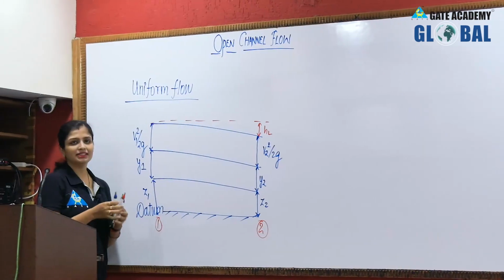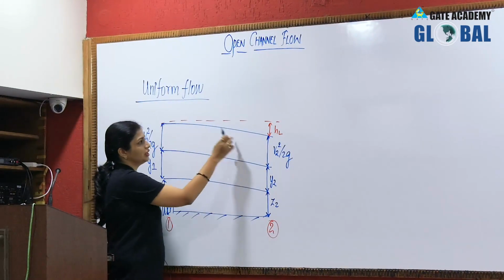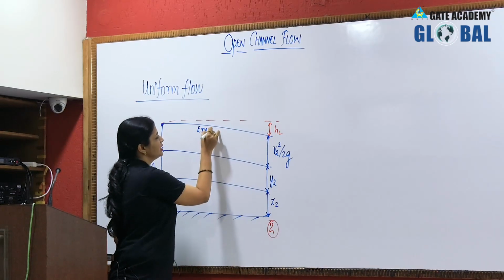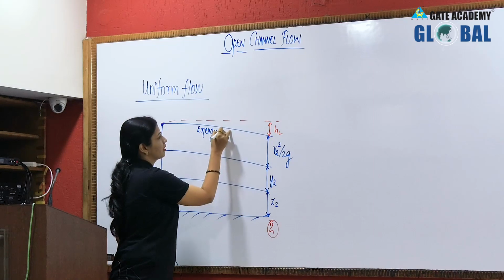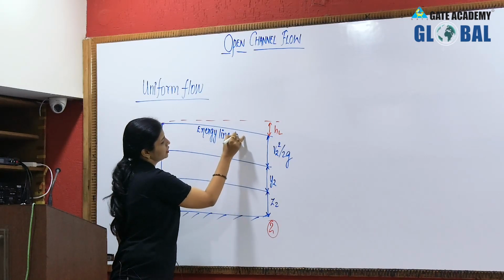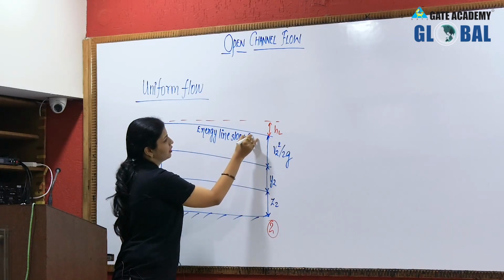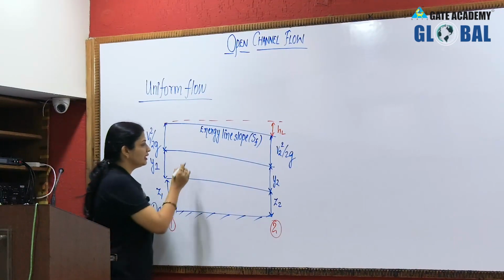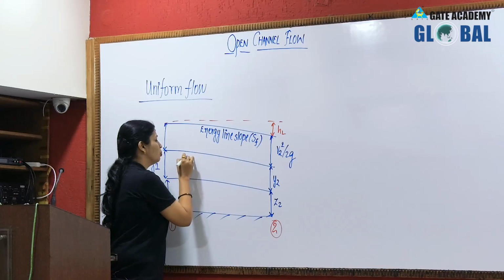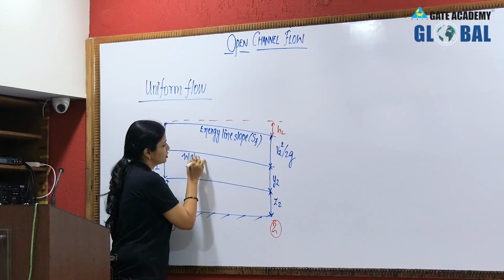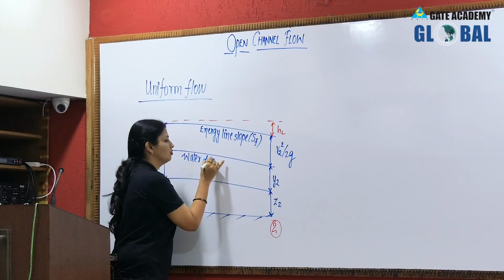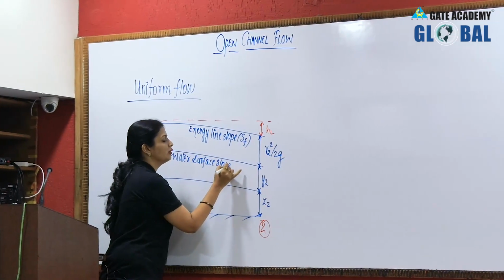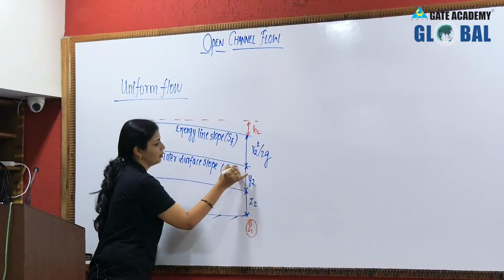Now, this line is known as your energy line slope, denoted by Sf. Similarly, this is known as your water surface slope, which you denote by Sw.